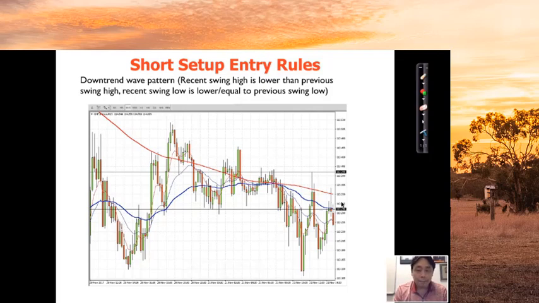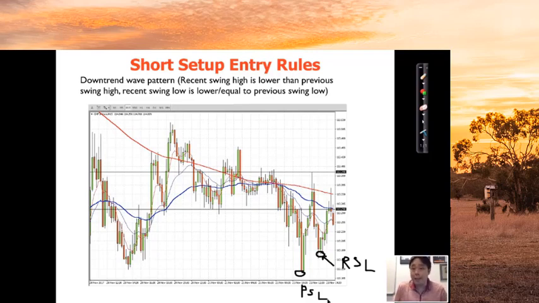Where is the recent swing low? This one, there's a recent swing low, right? Over here. Where's the previous swing low? Here. That's the previous swing low. So remember, on a downtrend, the recent swing low must be lower than the previous swing low, must make lower lows.